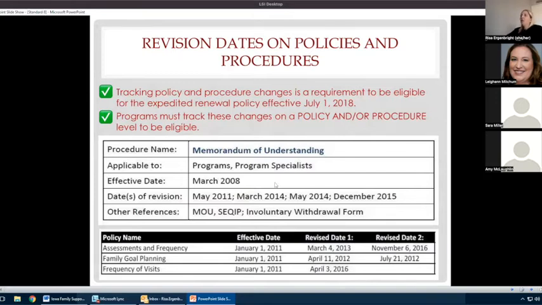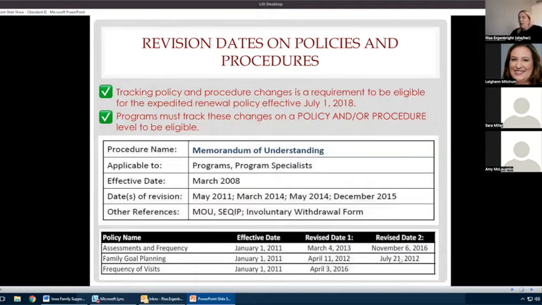And you can do it one of two ways. You can have something like this top piece at the beginning of every policy or procedure, which is tracking the dates of revision. Or you can track it outside of the actual policy itself, in an Excel document where you have the policy name, the effective date, and the dates that it was revised. To me, it doesn't matter how you do it.